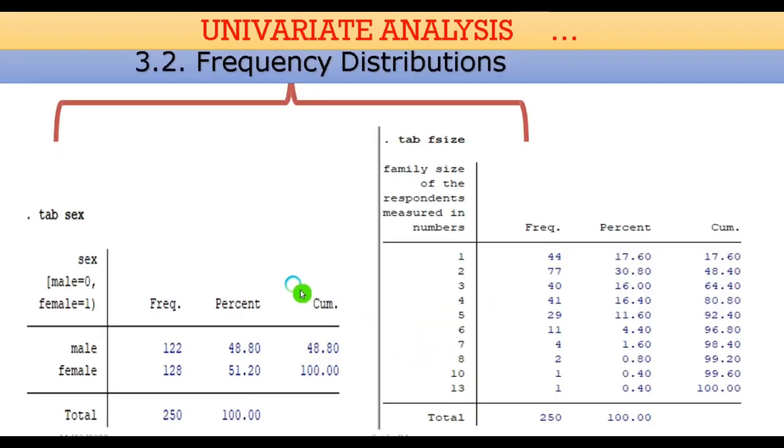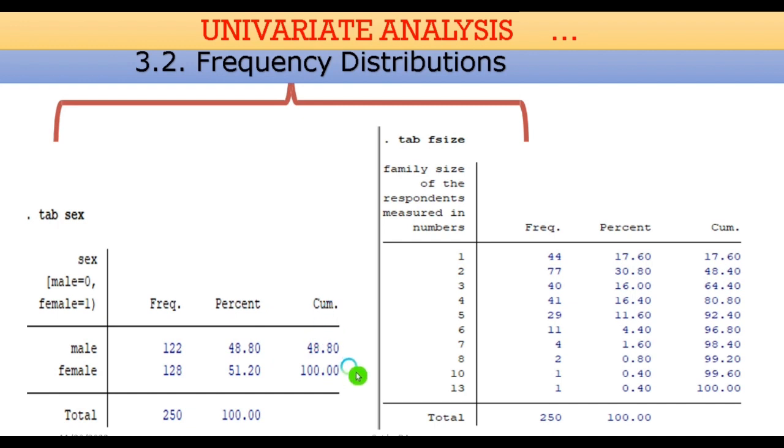The second point is about frequency distributions. You can talk about frequency distributions of each variable by explaining through a table, for example, sex in terms of a table. This one is male and female, and the frequency is there. Then this is the percentage of that.